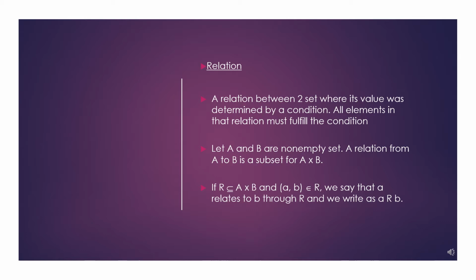Second point, let A and B be non-empty sets. A relation from A to B is a subset of A times B. Third point, if (a, b) is in R, we say that a relates to b through R, and we write a R b.